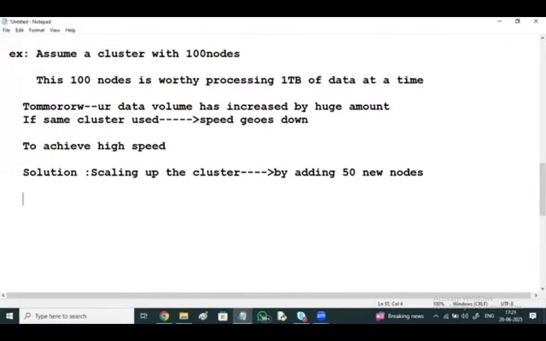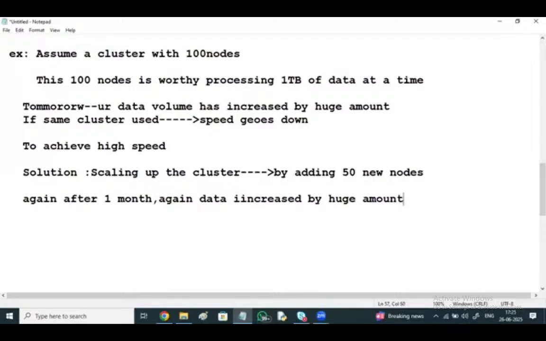Okay, again think that after 1 month, data has again increased by a huge amount, and again 50 nodes got added.